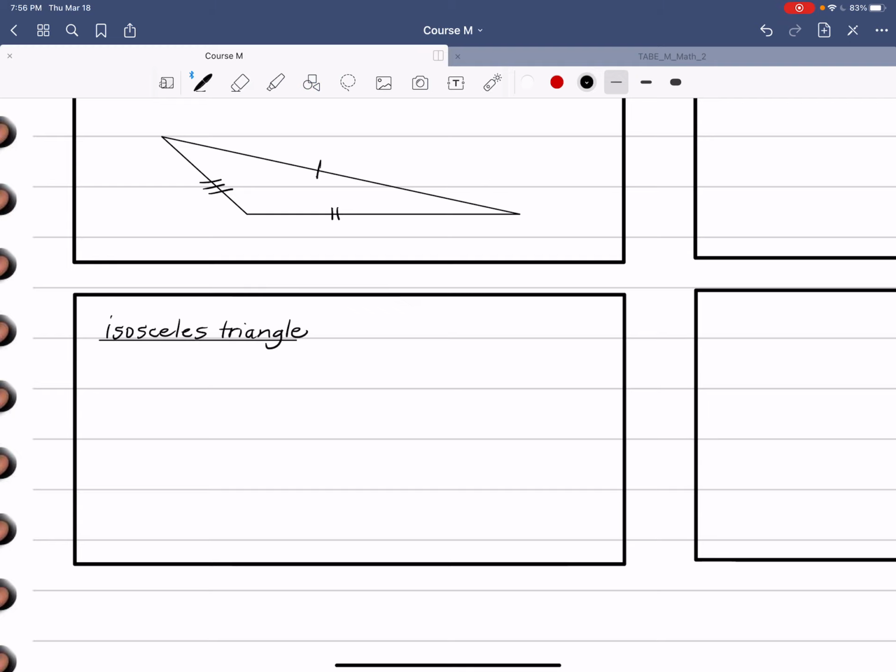An isosceles triangle has 2 equal sides and therefore 2 equal angles.